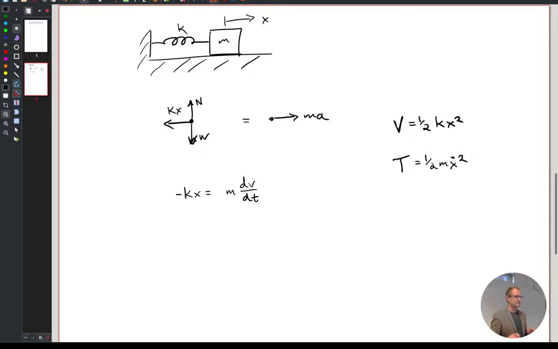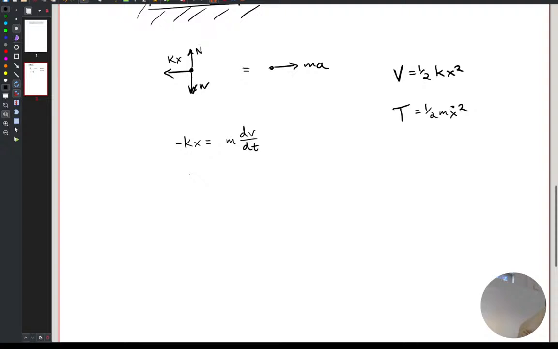All right, now let's do a little bit of magic. I'm going to leave the left-hand side the same, negative kx, but the right-hand side I'm going to say is actually m times dx/dt times dv/dx.